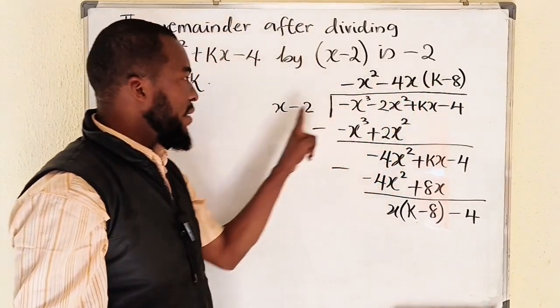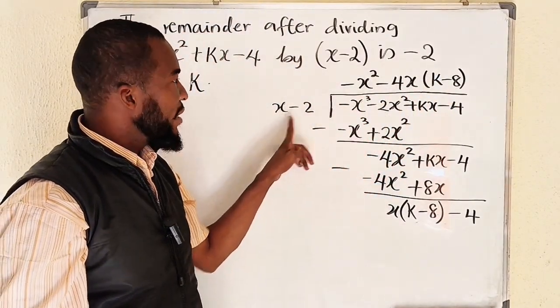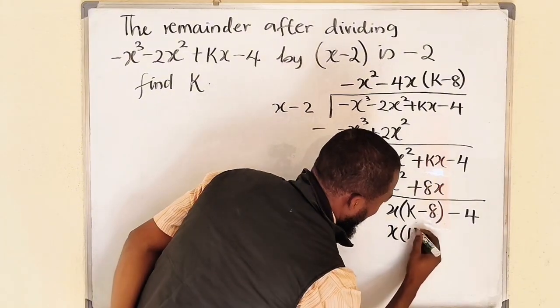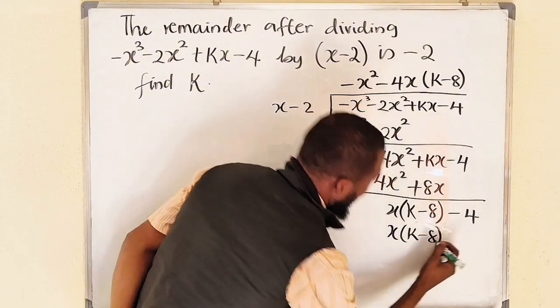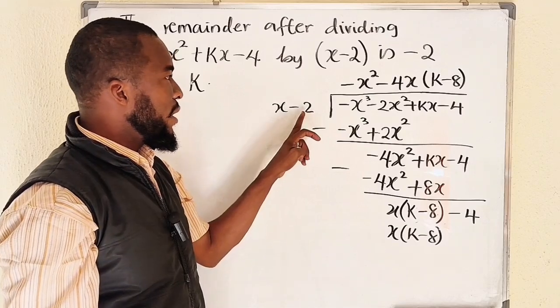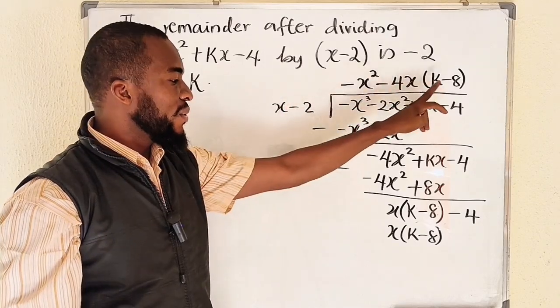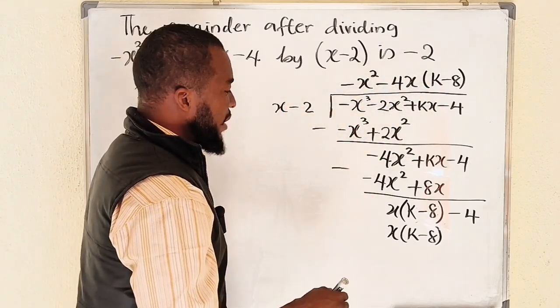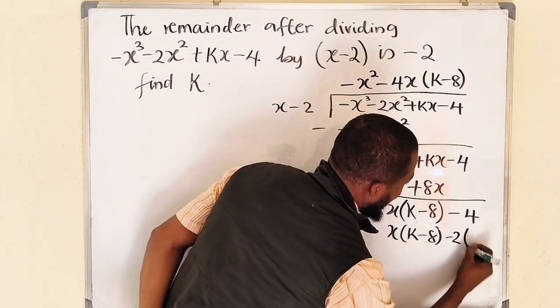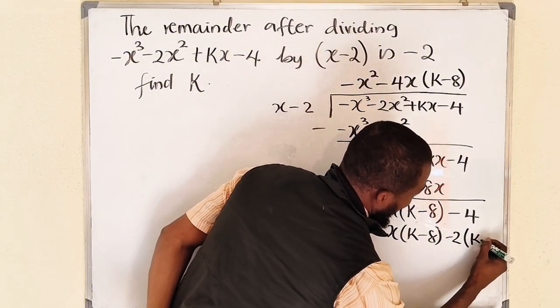Then you take k minus 8, you multiply by these two terms. k minus 8 times x will give us x times k minus 8. Then that times negative 2, the negative 2 will affect every single term inside, right? But let me just write it as negative 2 times k minus 8.